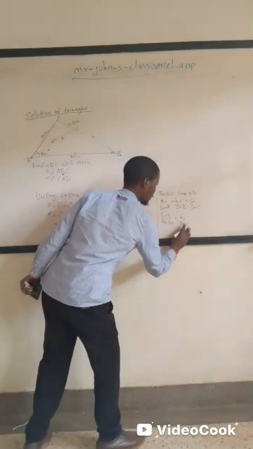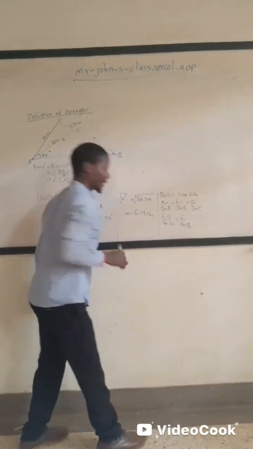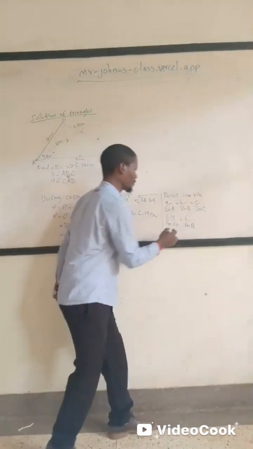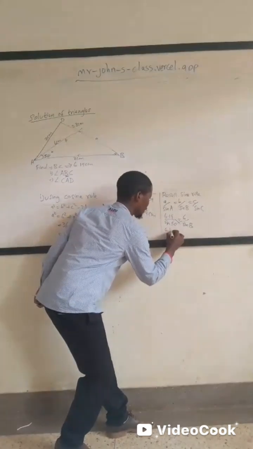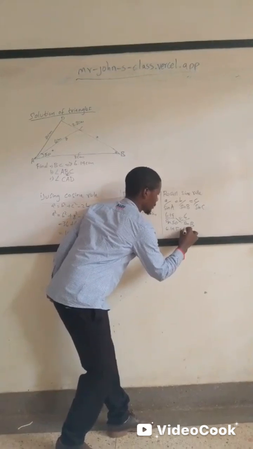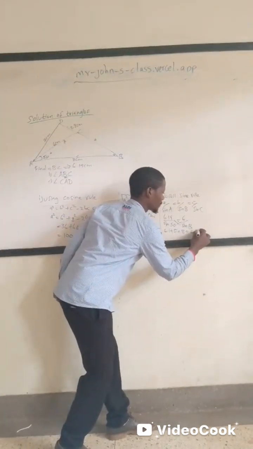Then from there, the next step, we cross multiply, we have 6.19 sine B should be equal to 6 sine 50.